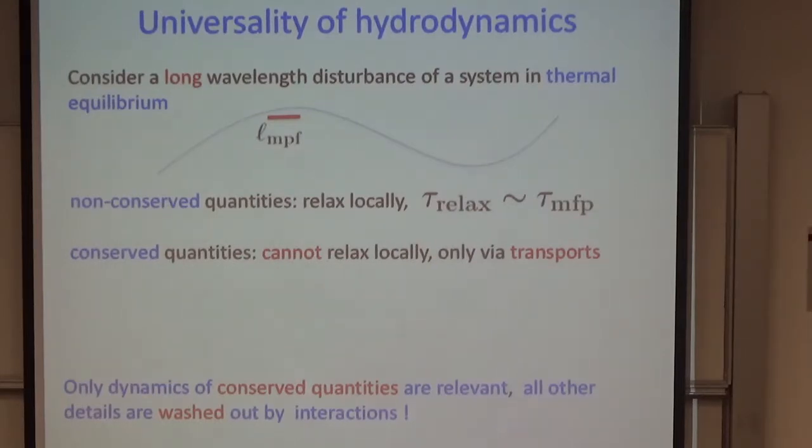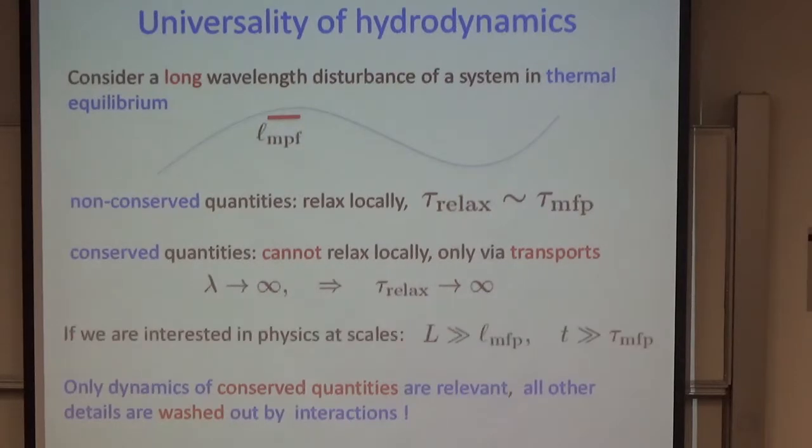Okay. Good. So that tells you that when you take the wavelength to infinity, the relaxation time must go to infinity. Then at large distance and long time, the only relevant physics is this. So if we are interested in the long time physics, so length scales much larger than the mean-free path and times much larger than the mean-free time, which is normally the kind of physics we are interested in, only the dynamics of conserved quantities are relevant.